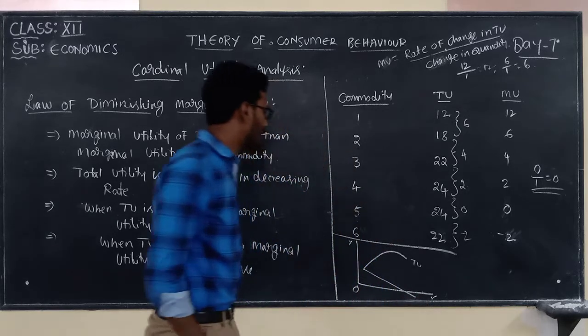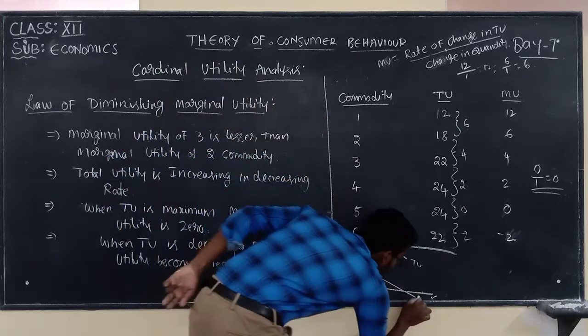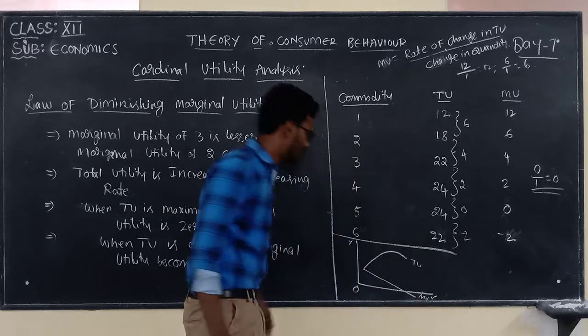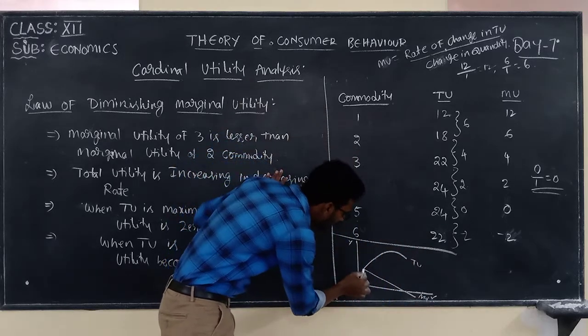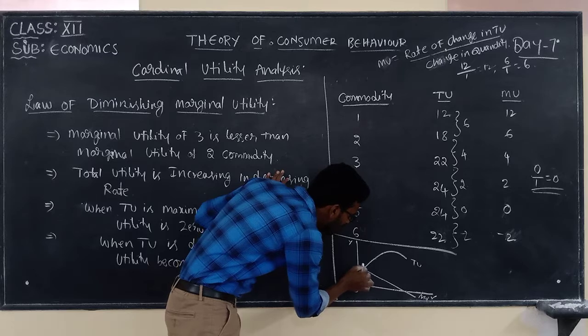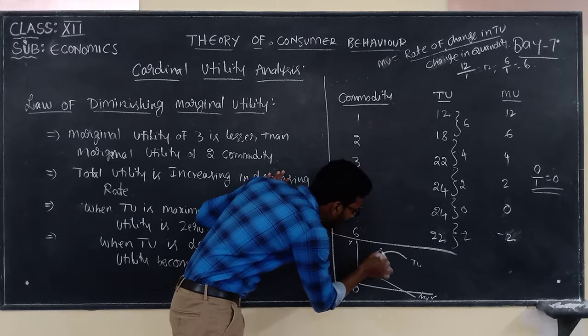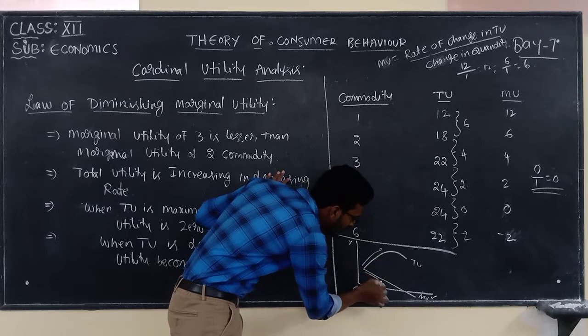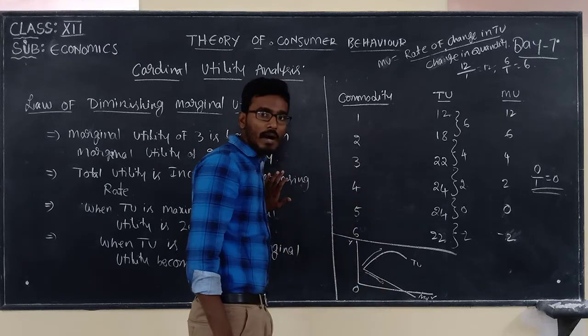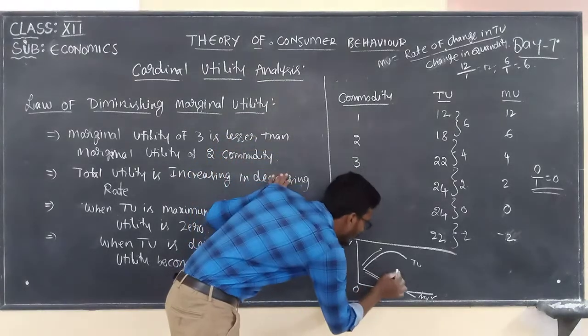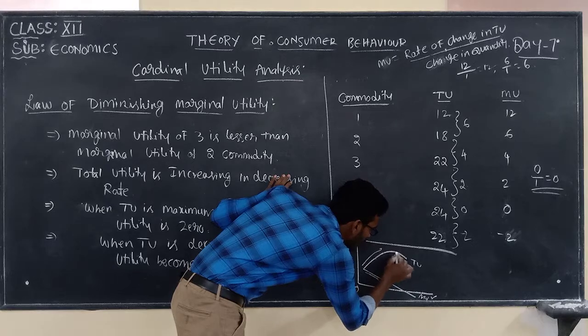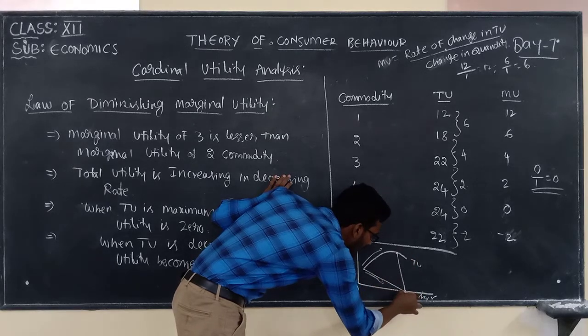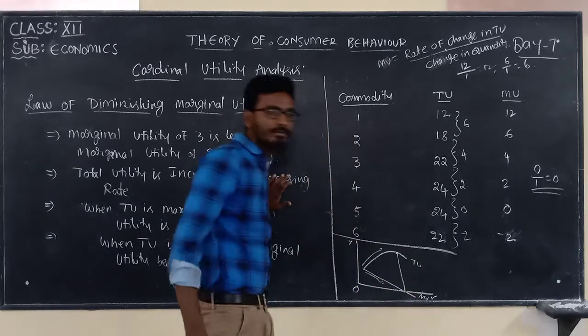This is marginal utility. Total utility and marginal utility. Observe, when total utility is increasing, marginal utility decreases. When total utility reaches its maximum, marginal utility becomes 0.